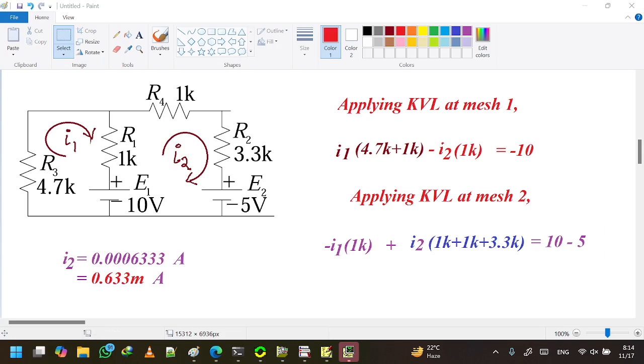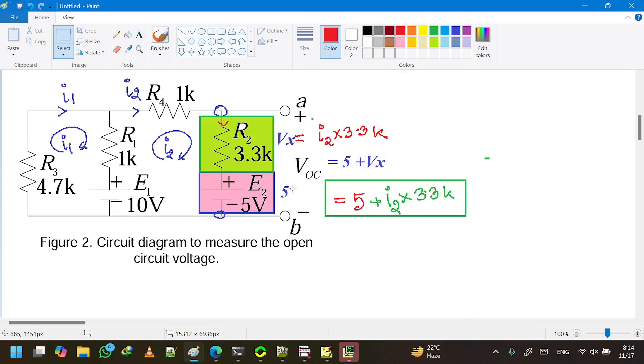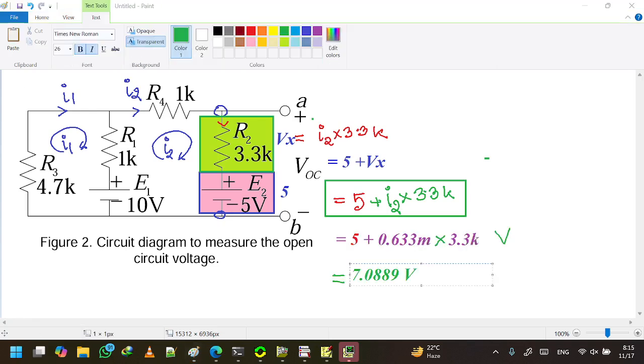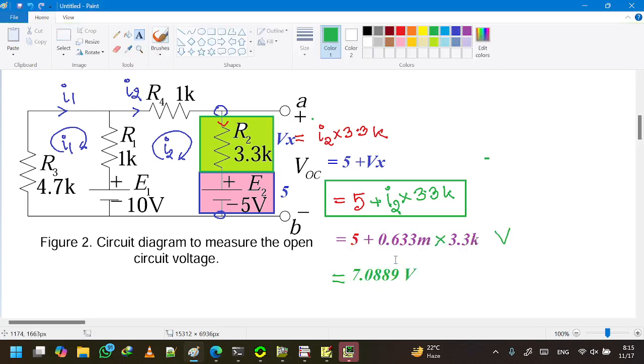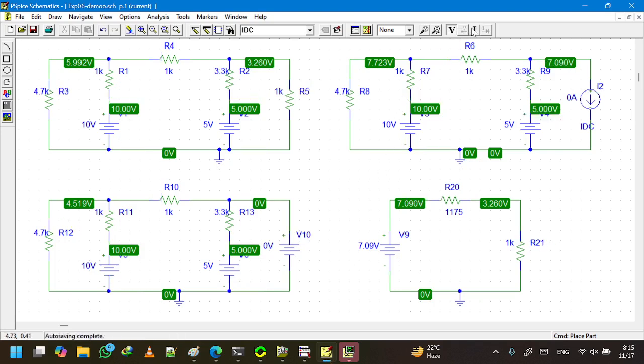Solving these two equations gives us I2 equals 0.633 milliampere. We can put it in the previous equation and get the value of VOC. This gives us VOC is 7.0889 volt, or 7.09 volt, which conforms with our simulation. In the simulation, we also have 7.090 volt.